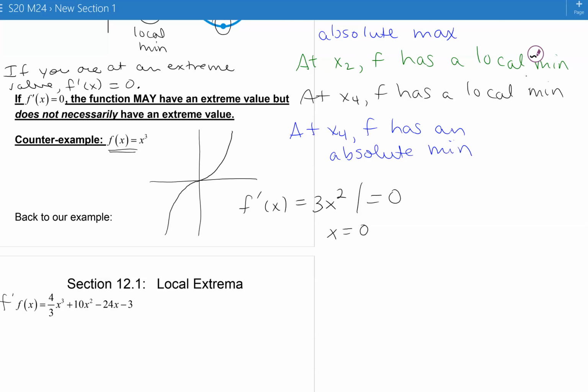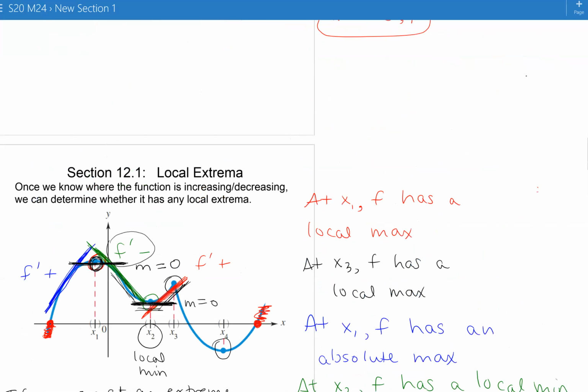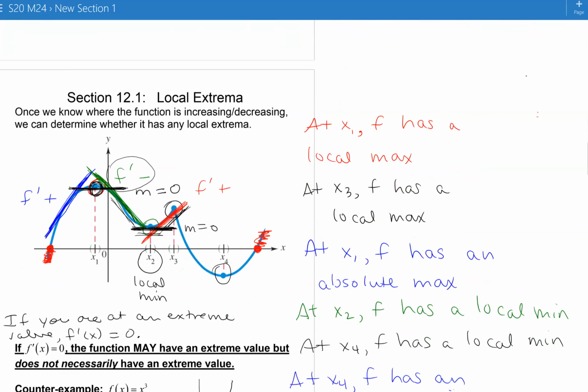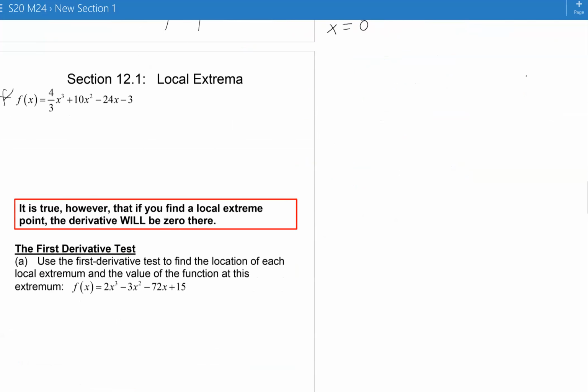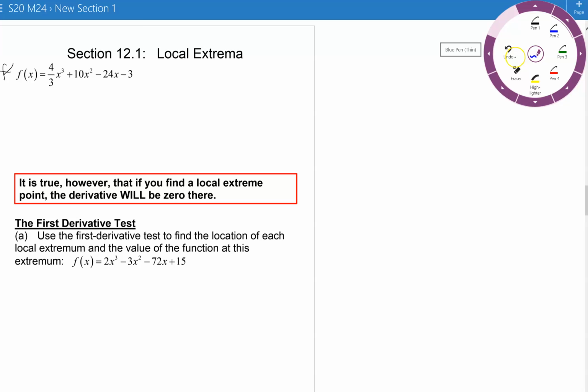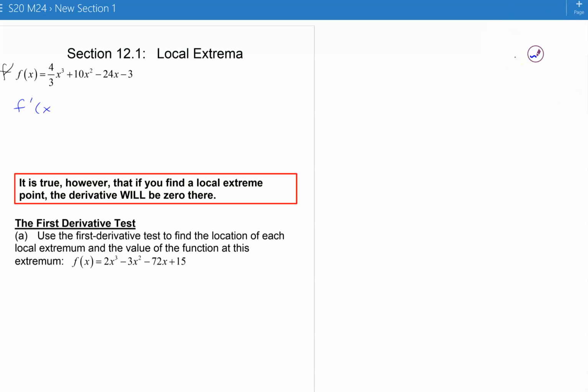Okay, so we're going to come back to this same example we were working on above. So it's the same example. So we're going to bring our critical numbers down here. And let me just write the derivative again so we have it handy. So our derivative was 4x squared plus 20x minus 24.